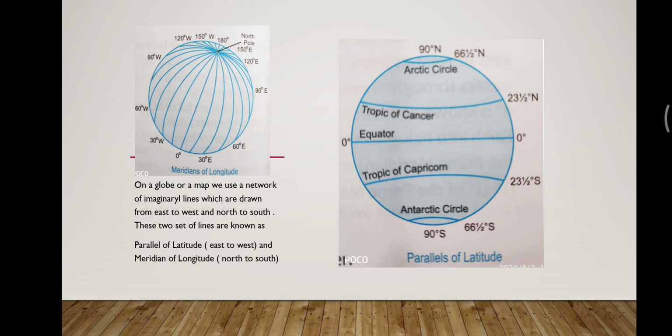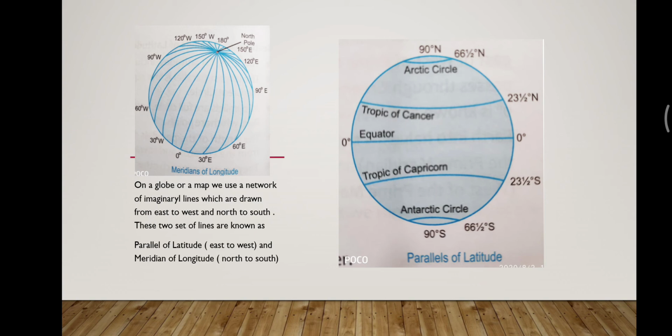The Tropic of Capricorn is similar to the Tropic of Cancer, but it lies in the southern hemisphere at a distance of 23.5 degrees south from the equator. The Arctic Circle lies at a distance of 66.5 degrees north from the equator in the northern hemisphere. And the Antarctic Circle lies at a distance of 66.5 degrees from the equator in the southern hemisphere.